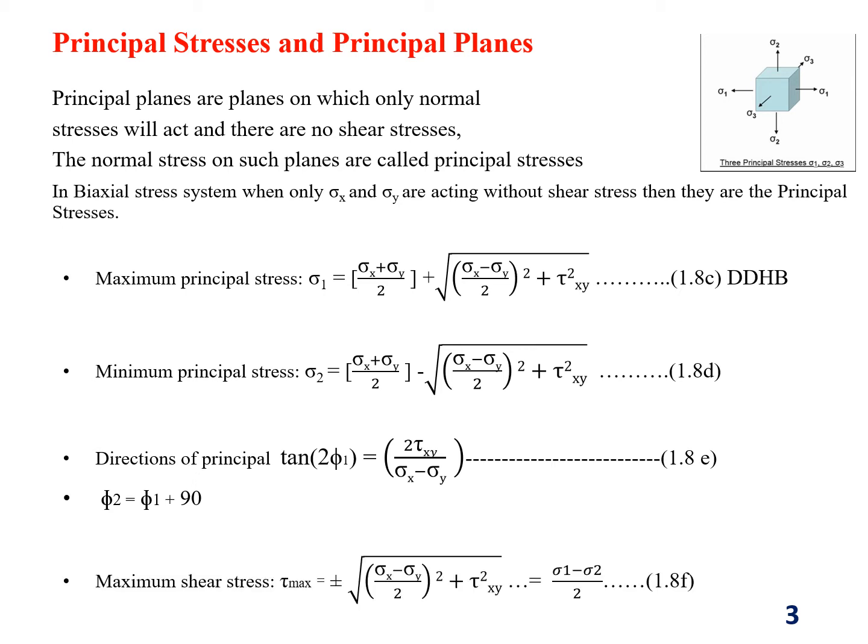Okay, so maximum shear stress tau max is given by the equation plus or minus root of ((sigma x minus sigma y) by 2) to the power 2 plus tau xy to the power 2, which is also equal to sigma 1 minus sigma 2 by 2. This equation can be got from the design data handbook with equation number 1.8f.